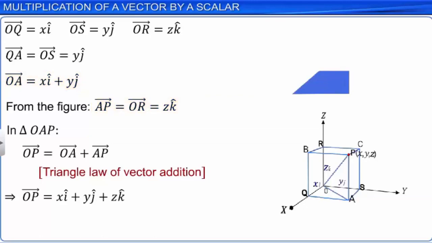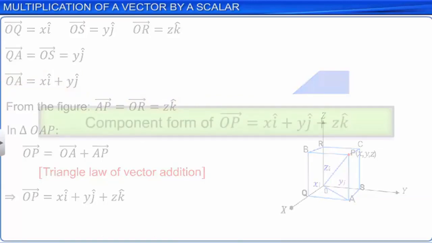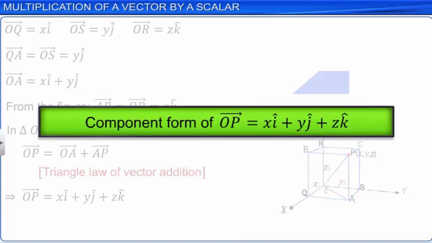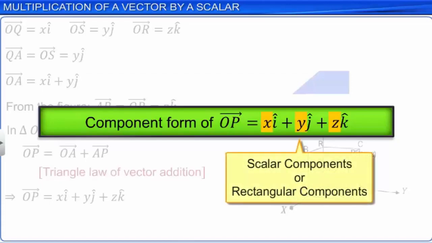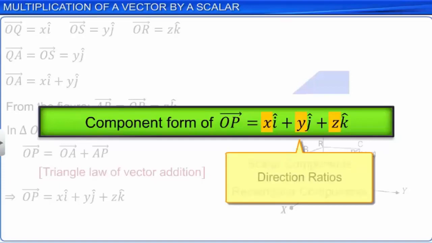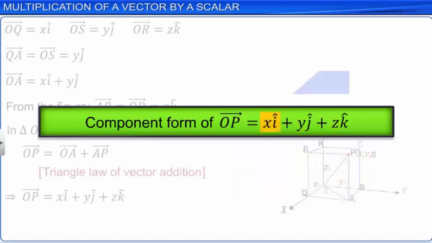This form of vector OP is called the component form of vector OP. x, y and z in this form are called the scalar components or rectangular components of vector OP. The scalar components of a vector are called its direction ratios. xi, yj and zk in this form are called the vector components of vector OP.